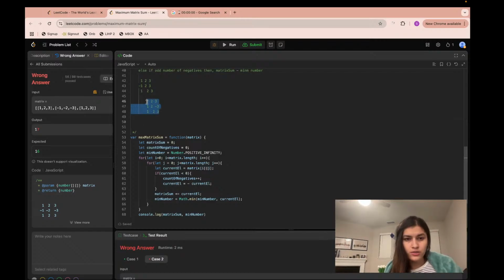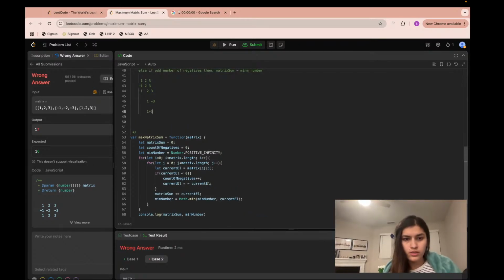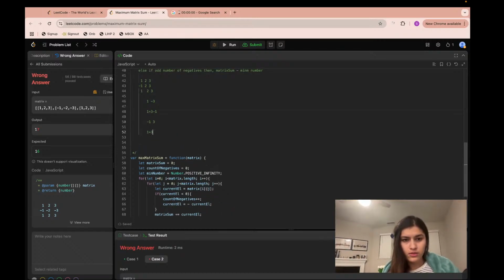So what I'm trying to do is, if it is 1 and -3, okay, then I would have done 1 plus 3, right? Here I should just do -1, isn't it? 1 plus 3 plus -1. But what if it is -1, 3? In this case I would have done 1 plus 3, right? And then yeah, I could just do -1 here as well.